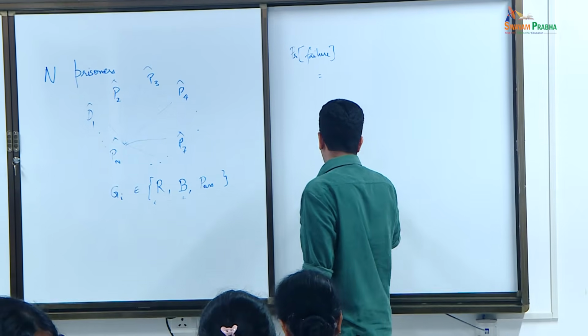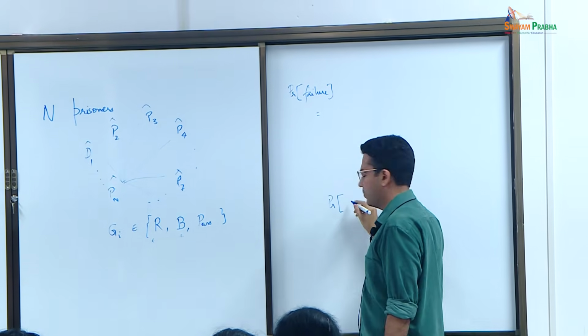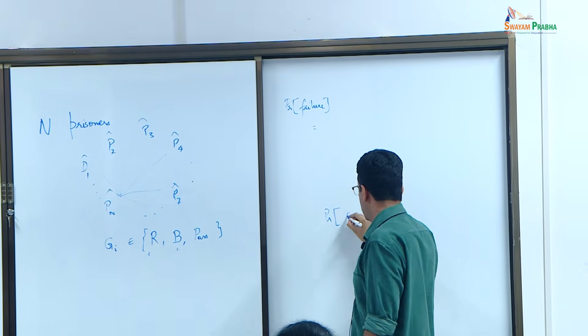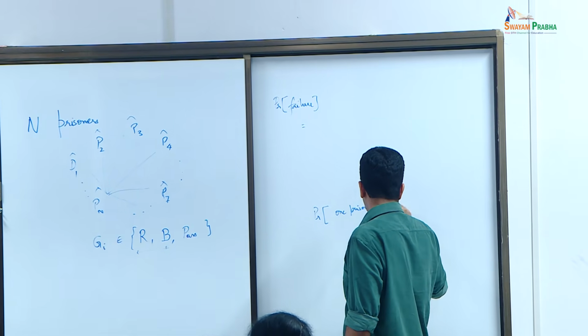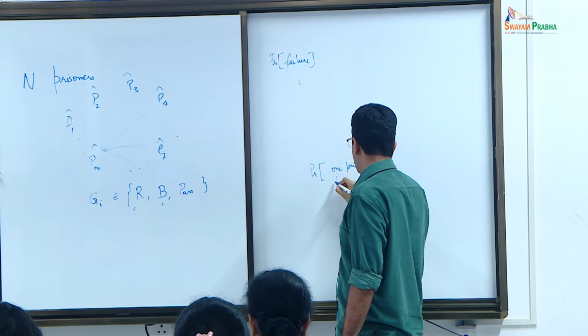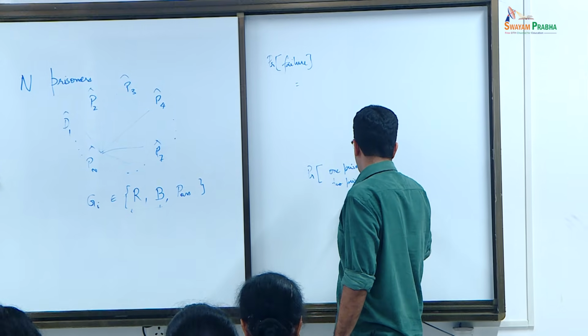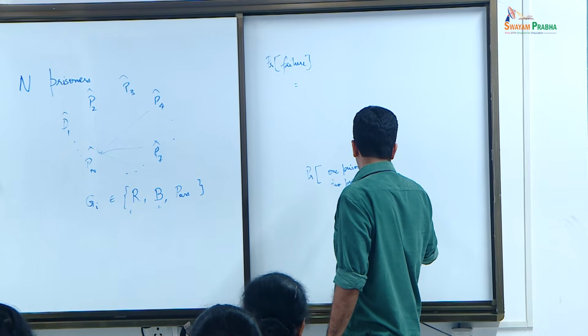So, what is the probability that one prisoner passes and two prisoners guess blue?